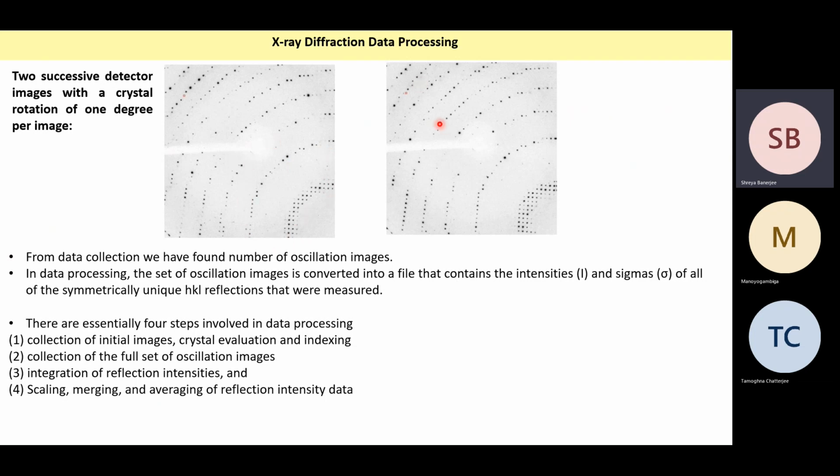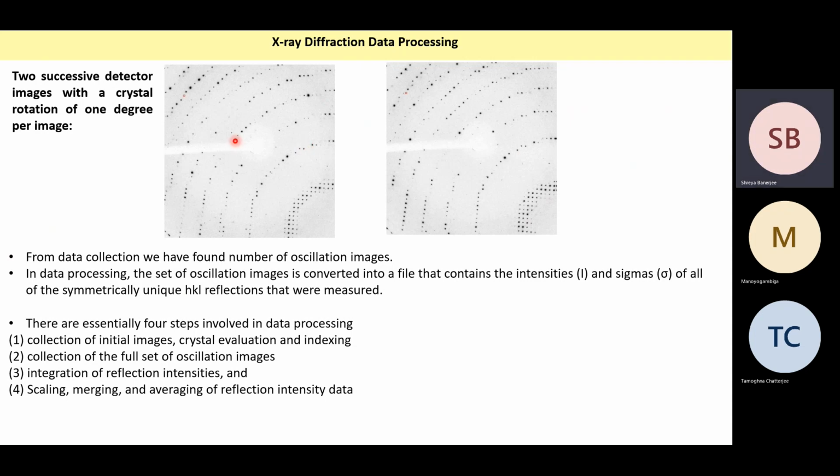Then the reflection intensities are measured, which are a function of the HKL, to get the distribution of the electrons. And then finally, scaling, merging, and averaging of the reflection intensity data is done to get a picture of the entire crystal from different angles.